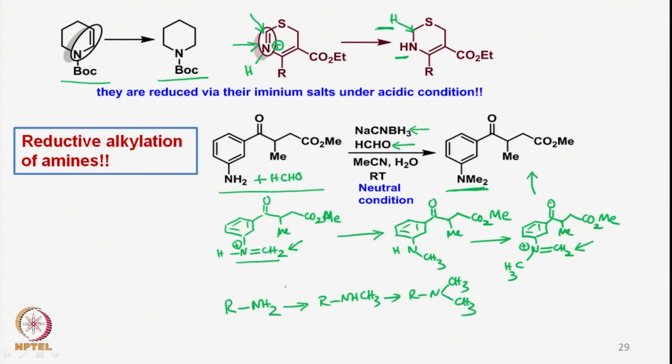So that is because of the formaldehyde and sodium cyanoborohydride, and that is a very straightforward and easy way of introducing a dimethyl group on a primary amine using the properties of sodium cyanoborohydride reducing a cationic species.